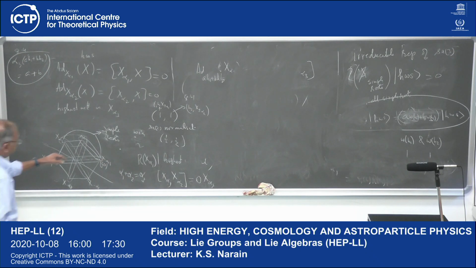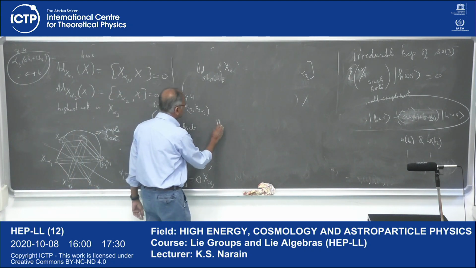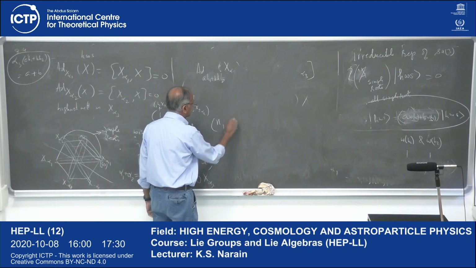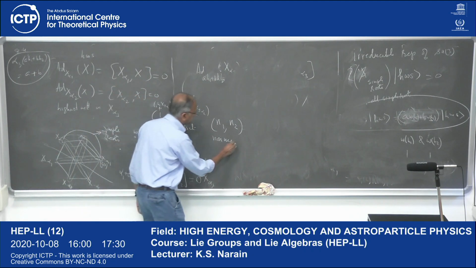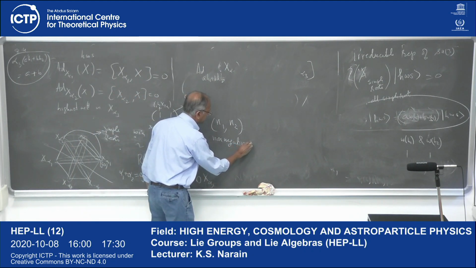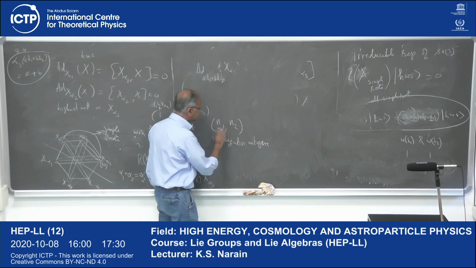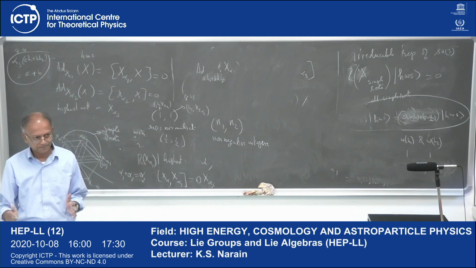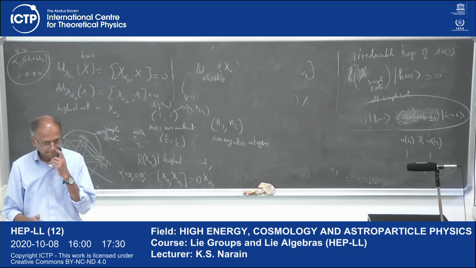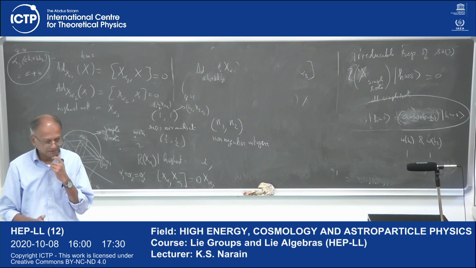You could just specify any two numbers here, n1 and n2. These are non-negative integers, integers because they are multiplied by 2. And this information defines uniquely an irreducible representation. So that's what's happening with this SU3.